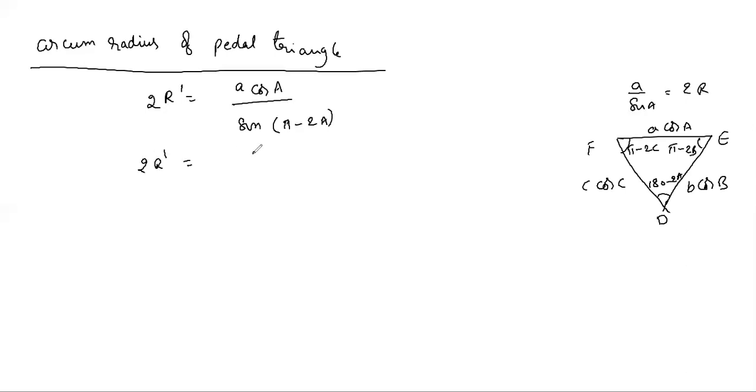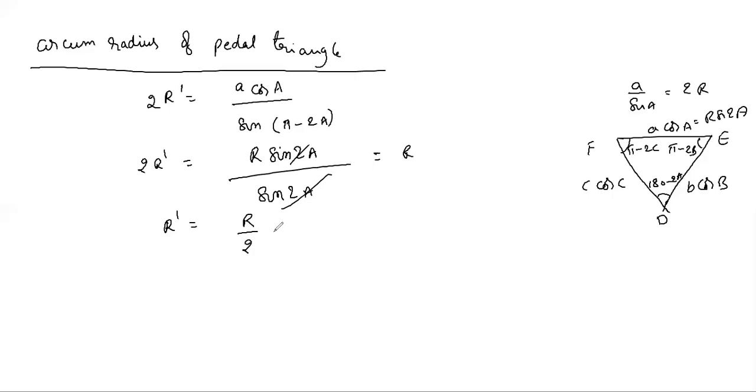A cos A you can write as R sin 2A, since sin of 180 minus 2A is sin 2A. As discussed already, this equals R, the circumradius of triangle ABC. So R dash equals R by 2.